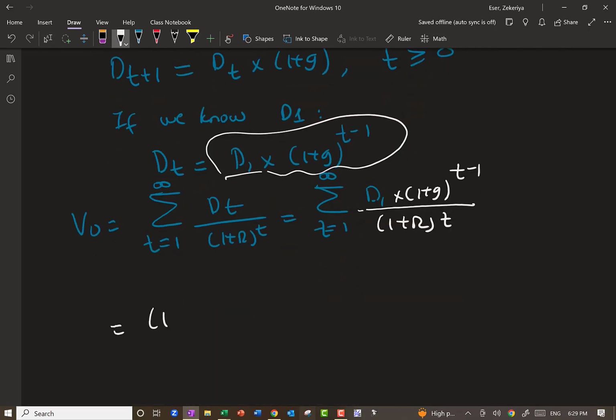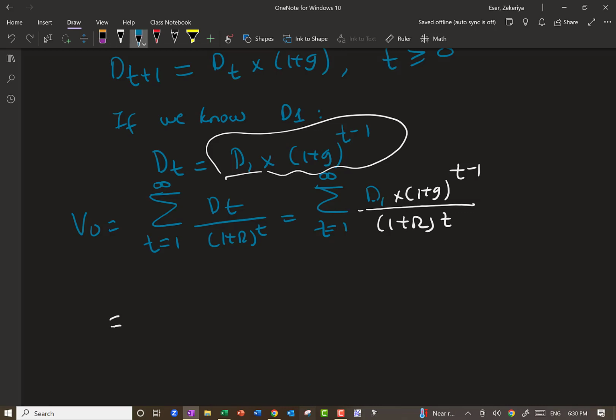If I simplify that, that would be d1 times (1 plus g). Let's see. Forget about it. I'm just going to tell you what it converges to.